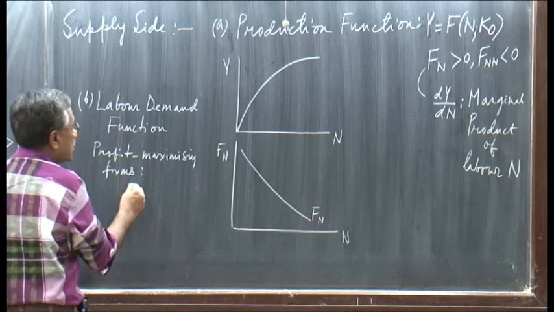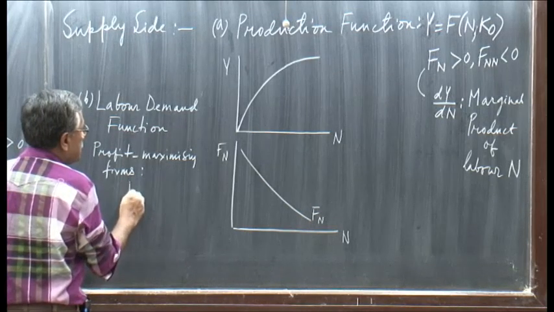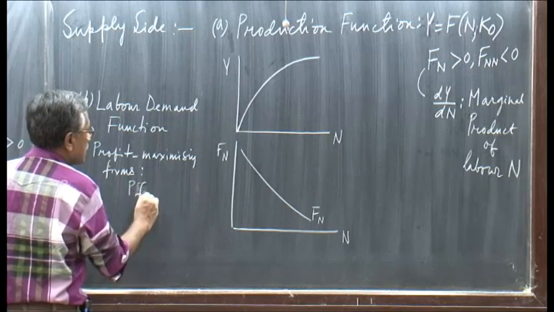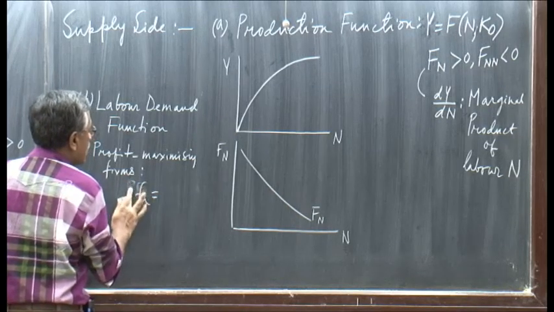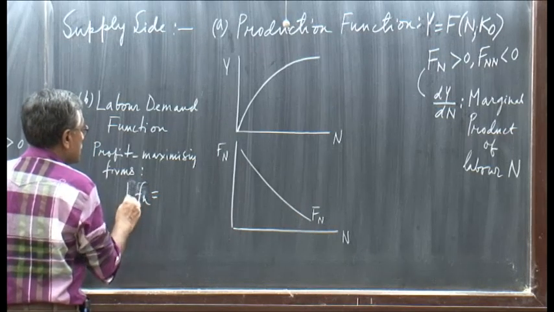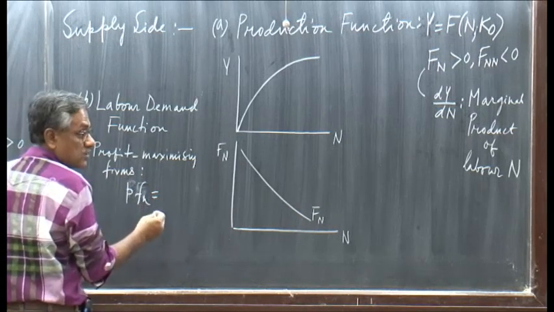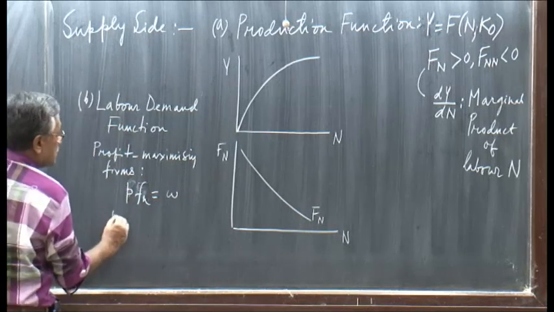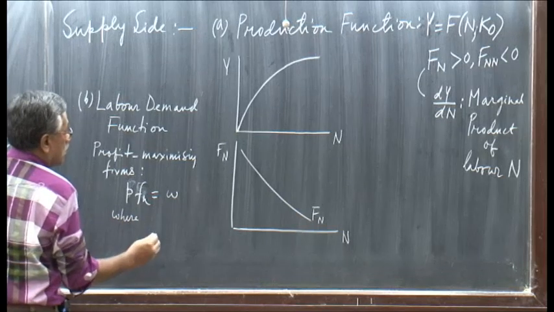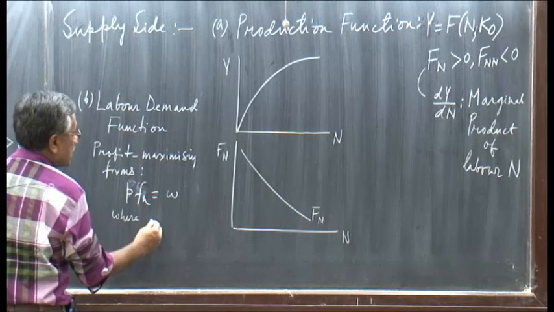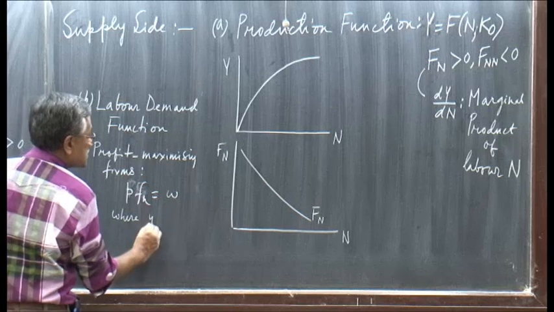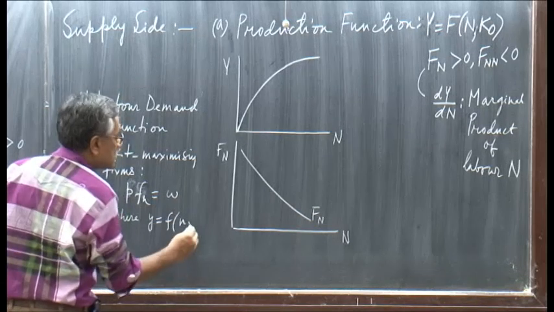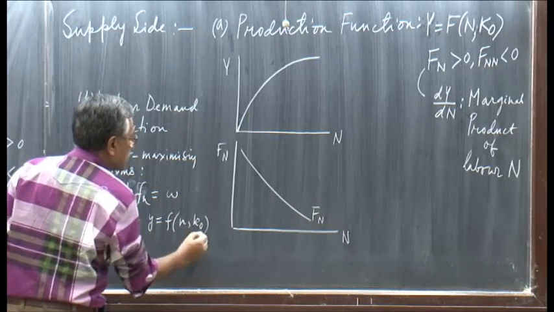What was the condition we got? We got PFN, it was small f, small p, I guess, for a firm, PFN is equal to omega, where some small y the company produces using small n amount of labor and some fixed capital, small k naught.